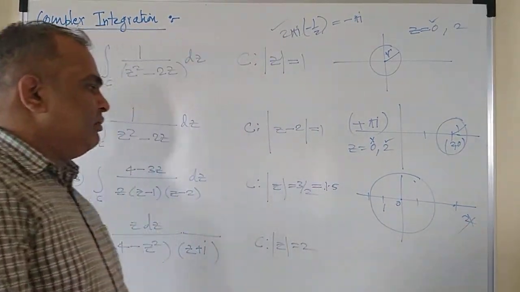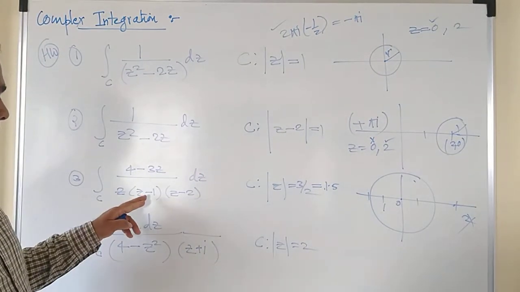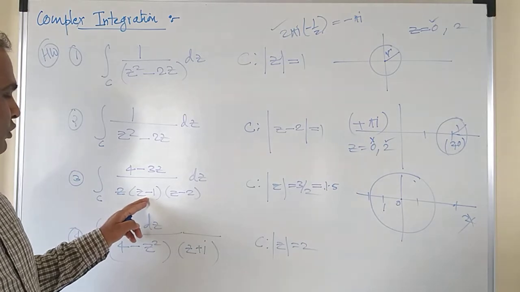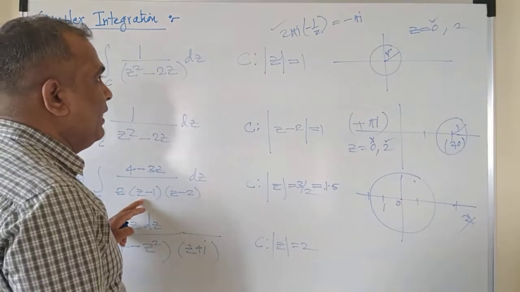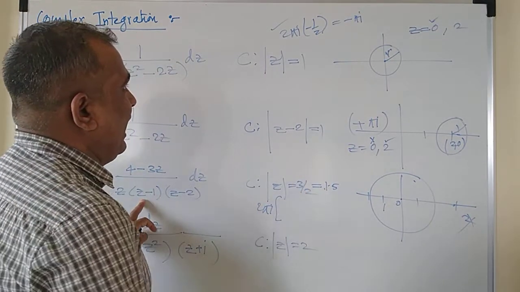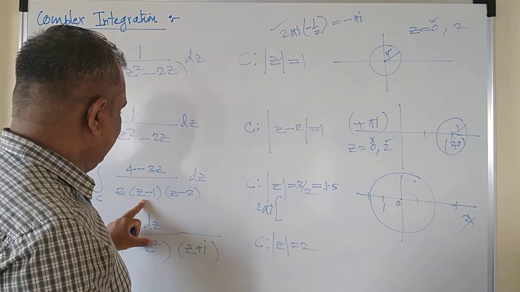You need not calculate or solve the integral for z equals 2, and calculate only for z equals 0 and z equals 1, and then add them. So here its answer will be how much? 2 pi i will be common, and f of a for z equals 0 and f of a for z equals 1.